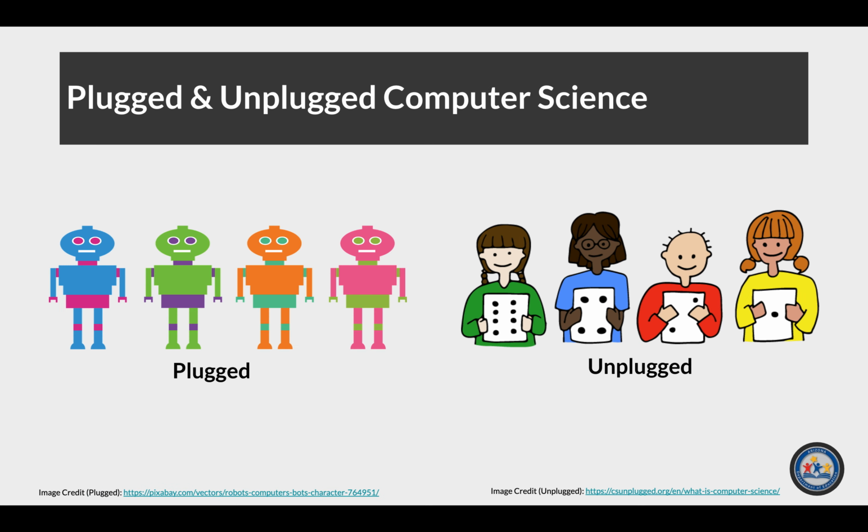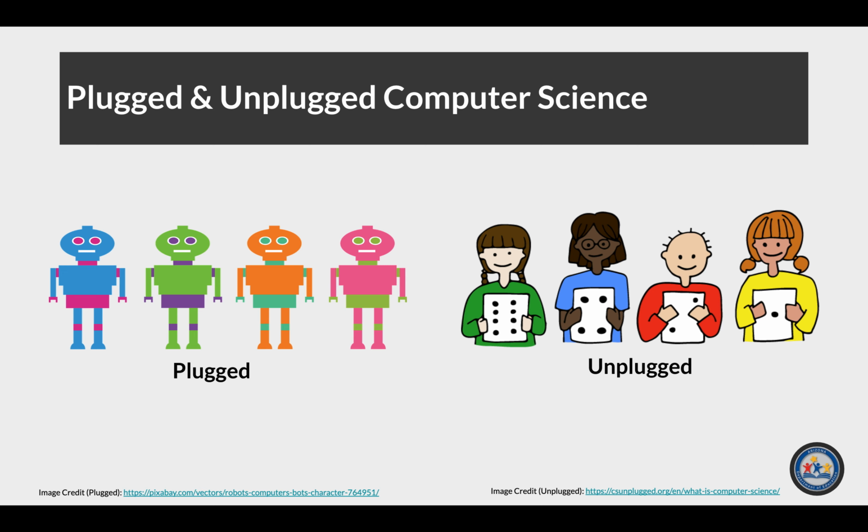Computer science can be taught if you have access to digital devices and even if you don't. Plugged lessons require students to have access to devices such as laptops, Chromebooks, iPads, and tablets. Plugged lessons may include block-based coding platforms such as Scratch or Codable to help students learn computer science concepts.